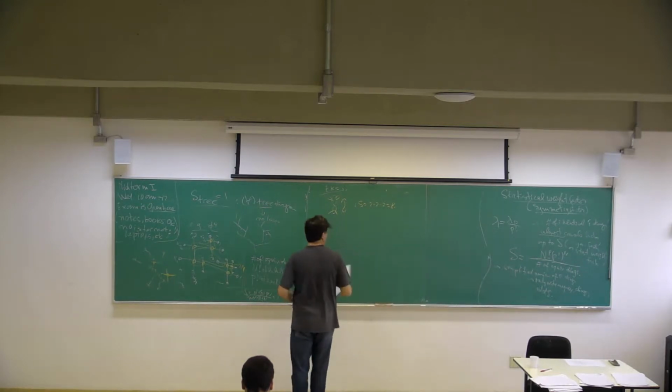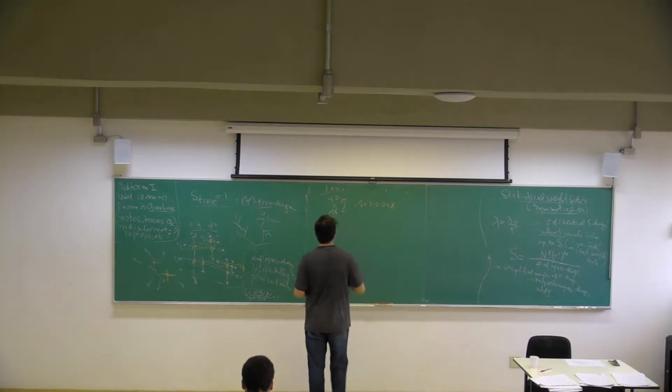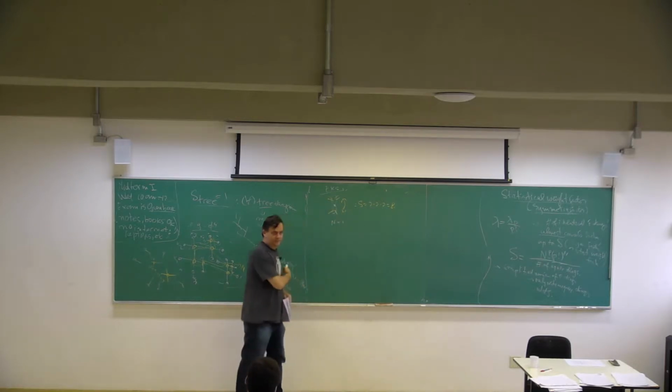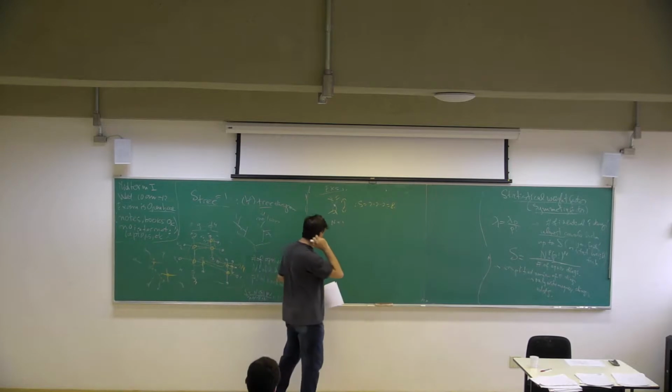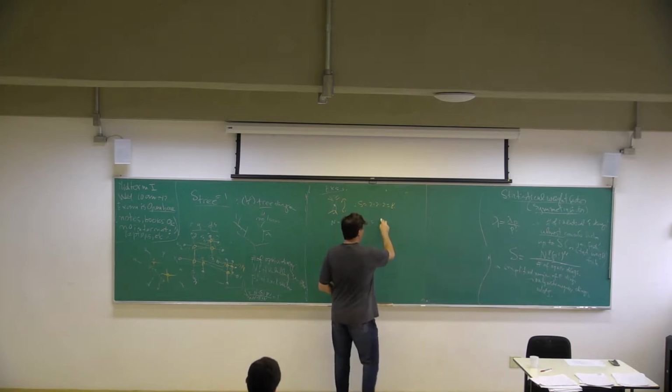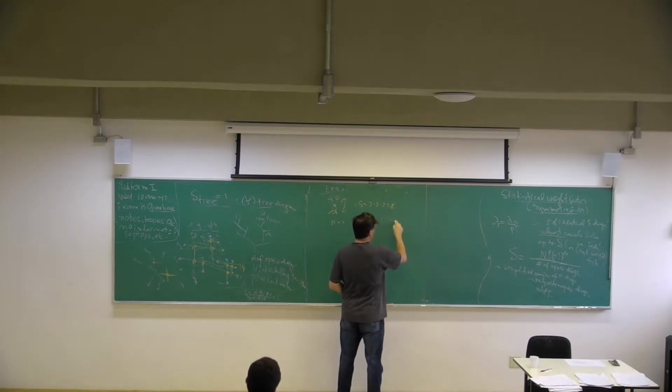But let's see if this is also equal to this. So here I have n equal to 1, a single vertex, right? So I have S is 1 factorial, 4 factorial, because we're in phi 4, over the number of equivalent diagrams.